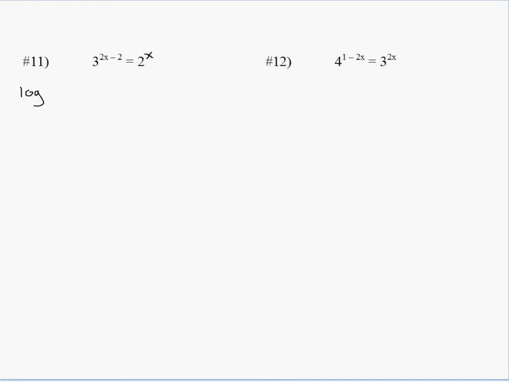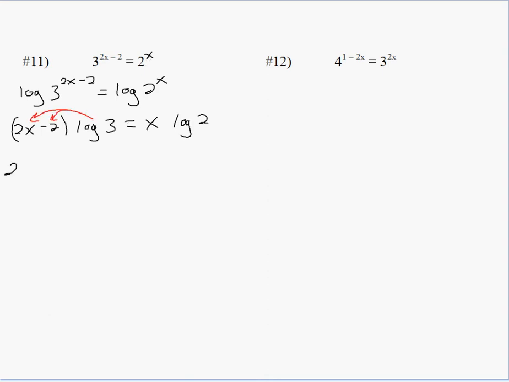Number 11, if you log both sides, that enables us to take our exponents and put them as coefficients. Use the distributive property on your left. And then our goal here is to get our x's on the same side of the equation. I'm going to subtract x log of 2 from both sides to get my x's on the left.